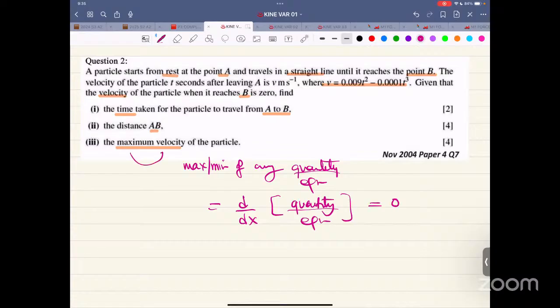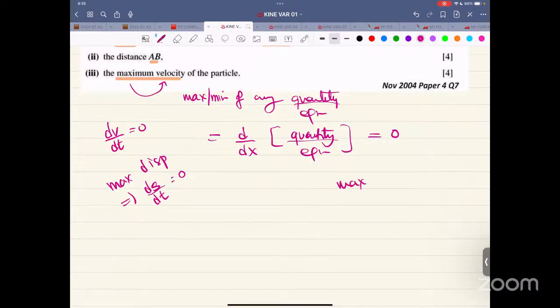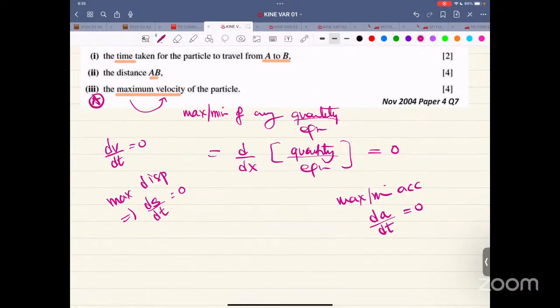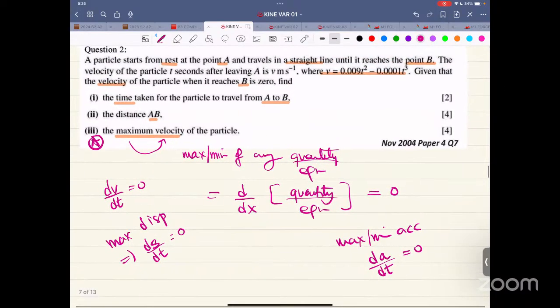So if they say maximum velocity, therefore the derivative of velocity should equal 0. If they say maximum displacement, then the derivative of displacement, which is velocity, equals 0. If they say maximum or minimum acceleration, then the derivative of acceleration equals 0. So that's a very, very important rule that you need to remember. Now let's see how it goes.